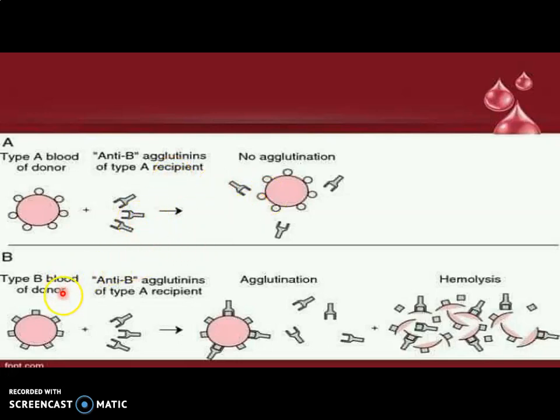But if you have type B coming in contact with an A recipient, agglutination will occur. There will be a reaction which will result in the bursting of the red blood cell, the process that we call hemolysis. So agglutination, whenever it occurs, results in the destruction of the red blood cell. It is always as a result of non-complementary antigen and antibody coming together.